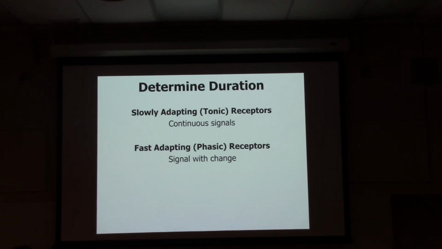They adapt relatively quickly, meaning they stop sending messages on, even if the stimulus persists. But then when the stimulus stops, they send another message over, hey, something just changed.